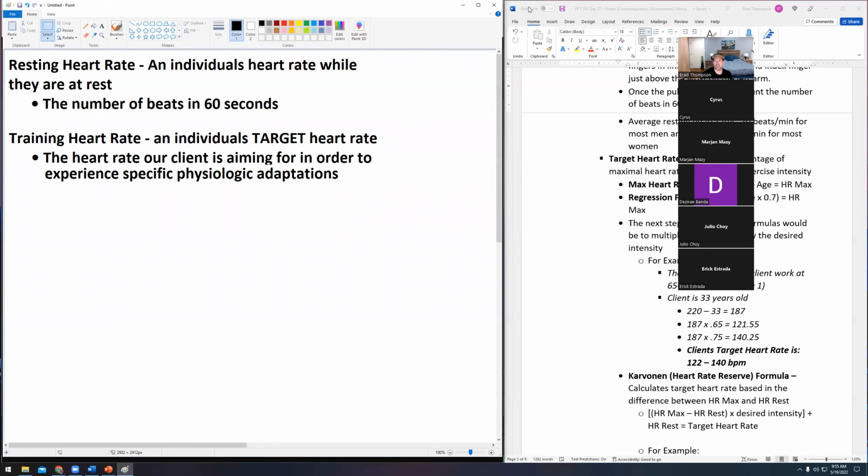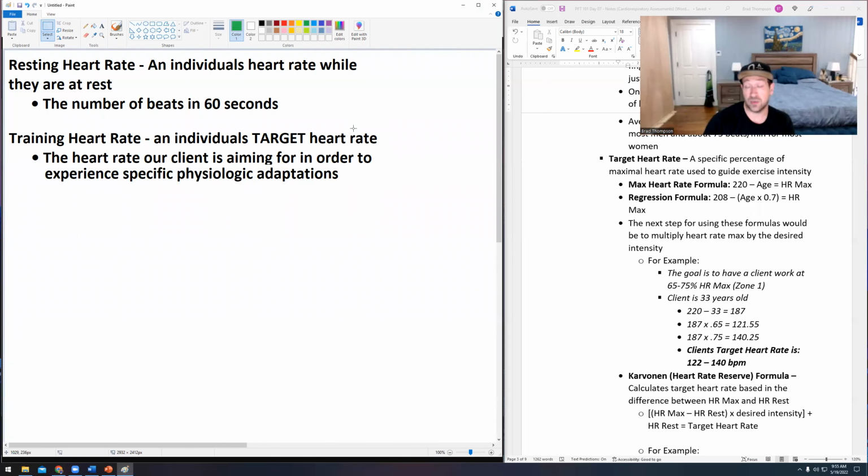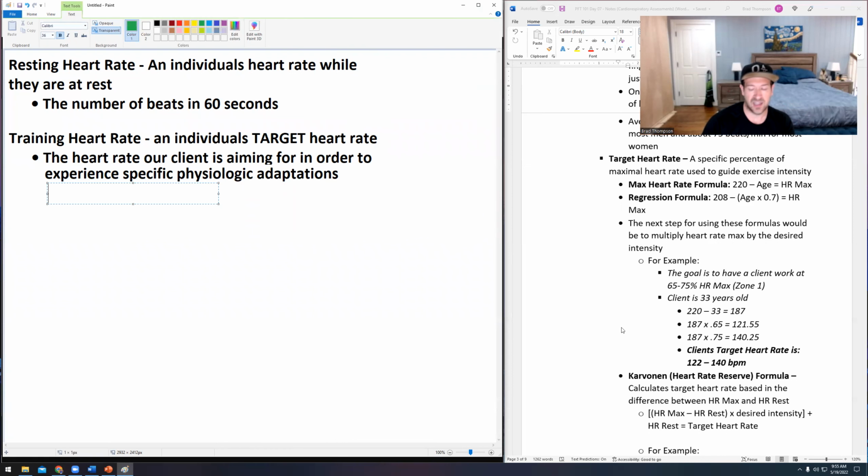So NASM is going to say that the green zone in this case, we'll go ahead and mark this as zone 1, is going to be 65 to 75% heart rate max. So our training heart rate is going to be a percentage of our target heart rate, right?